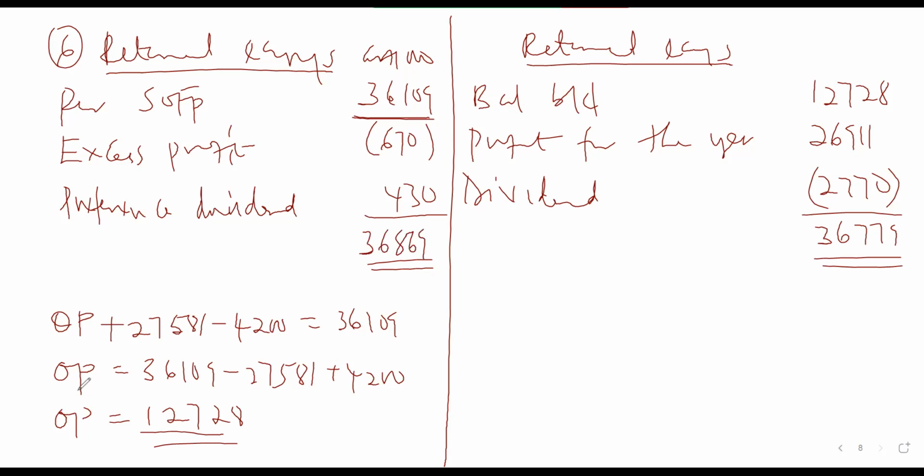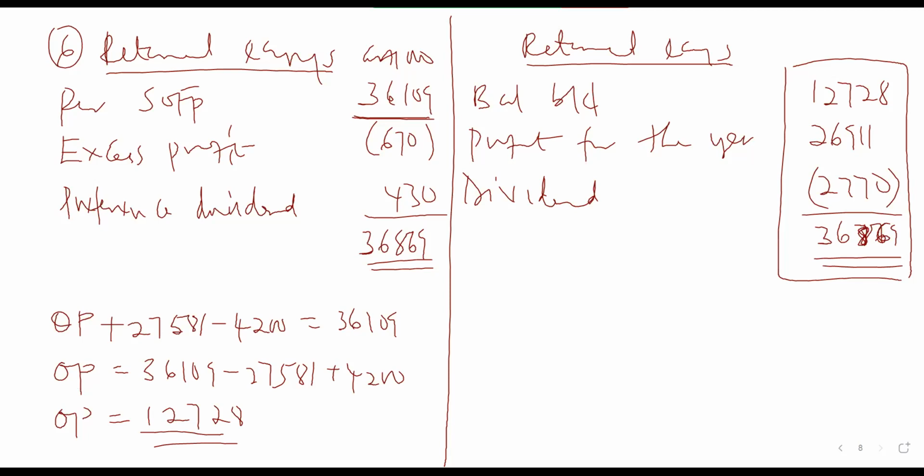If you count to this one, the one that I've shown here, which I started with the opening balance, are you going to be getting the same figure? Yeah, you need to get that. So anyhow you want to go about it, we don't have any problem. It depends on your understanding of the question.